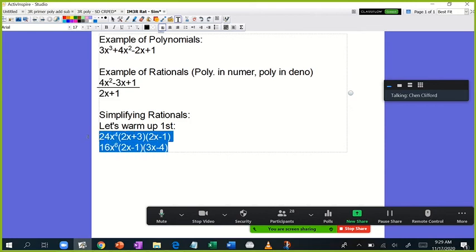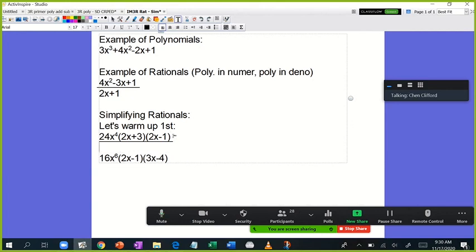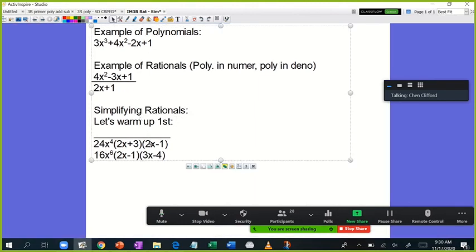Okay, so let's go ahead and simplify this. We should be done with this example in literally 1 minute. So what I'm going to do is, whoops, my fraction here, that bar needs to follow.